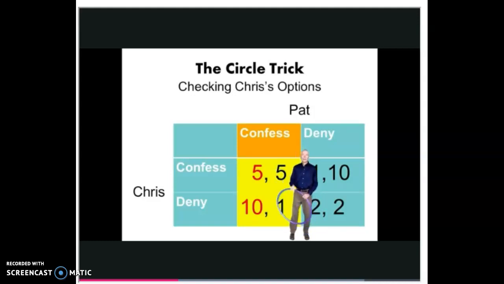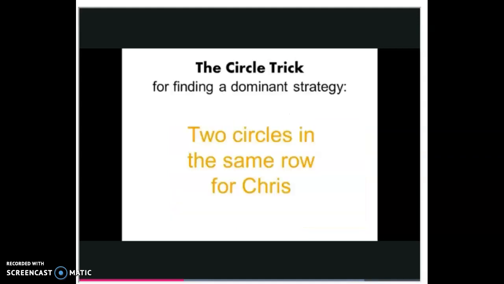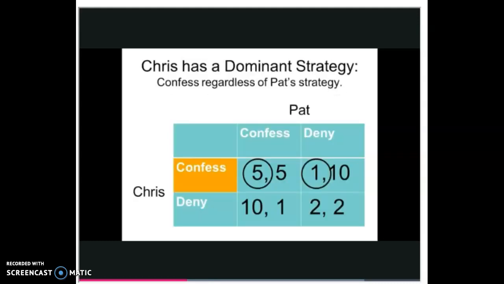The best outcome for him is 5 from confessing. If Pat denies, the best outcome for Chris is 1 from confessing. So we circle the 1. 2 circles in the same row for Chris indicates that he has a dominant strategy. Chris's dominant strategy is to confess, because he has 2 circles in the confess row.